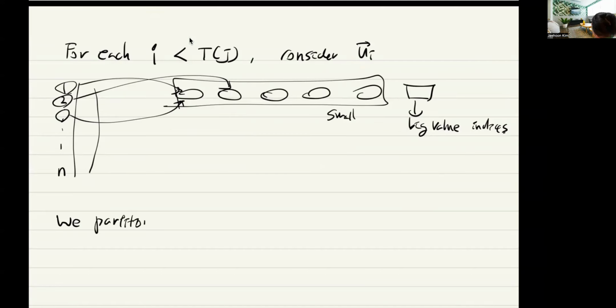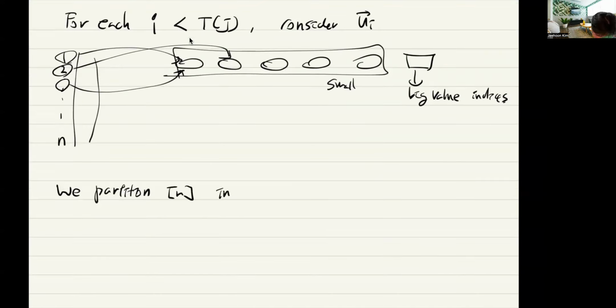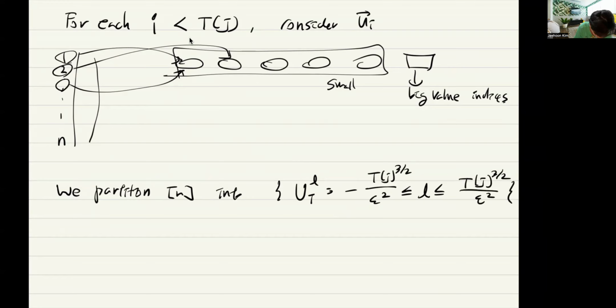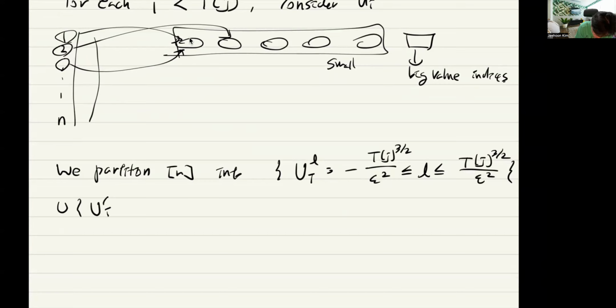So we do it. We partition the indices into, say, u sub i, 1 to u sub i, let's write it this way, to u sub i to the L, where this L is between a constant number, and one, say, u prime i.